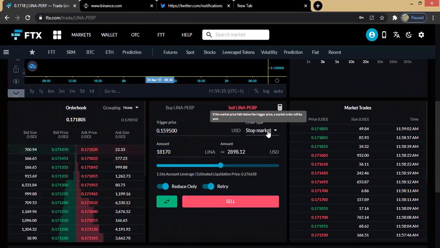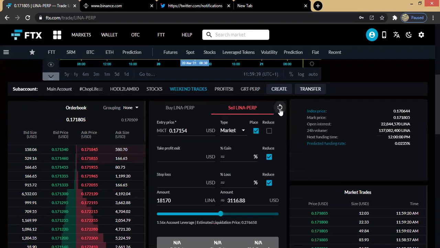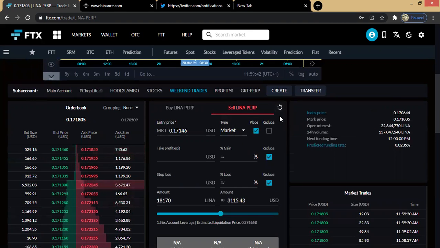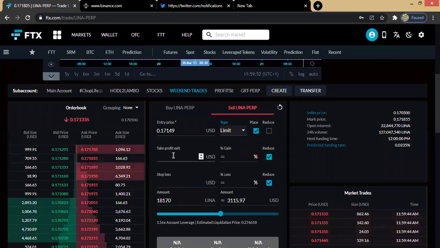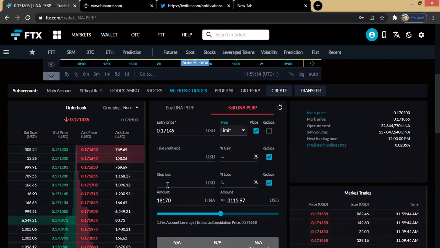What the stop market does is that it takes you out of the market if the market starts going against you, so that you don't lose more than you're supposed to. Now, this is the alternative you could use if you are not using the advanced order type that FTX has. In the advanced order type, you have the option to put your entry price, take profit, and stop loss.